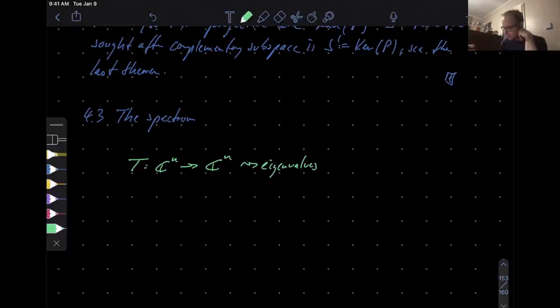Eigenvalues lambda in F, it doesn't have to be C, it could be F, are precisely the zeros of the determinant of lambda I minus T equal to 0. And there's a result in linear algebra that the determinant of a linear operator or of a matrix is 0 precisely when the matrix or the operator is not invertible.